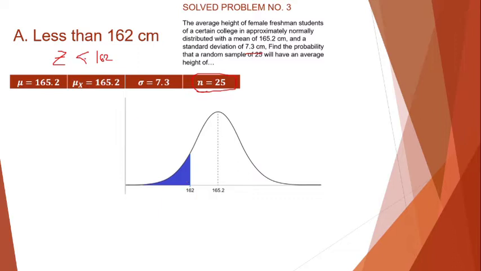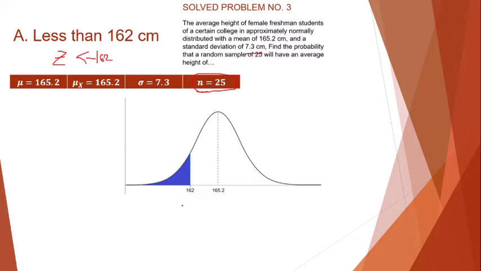Let us imagine this is an arrow and this is an arrowhead. Which direction is it pointing? To the left. So how do we place the 162? Analyzing, your mean is 165. Which is lower, 162 or 165? 162, so of course to the left.